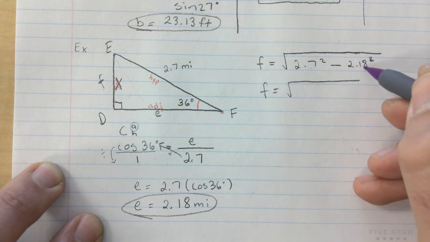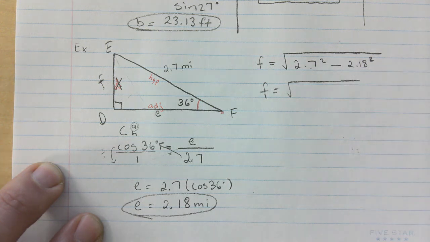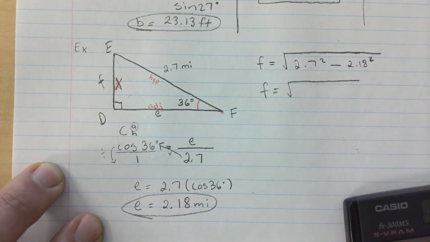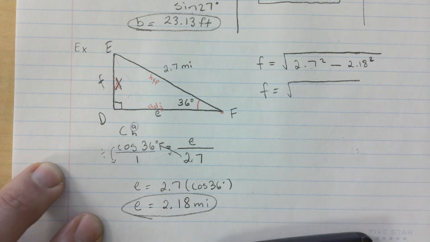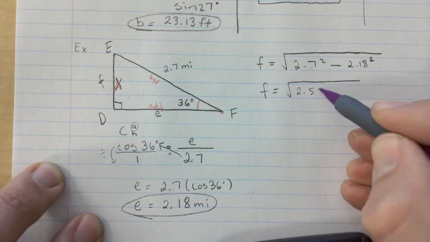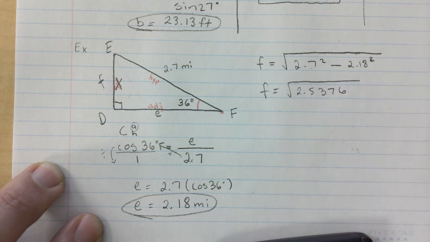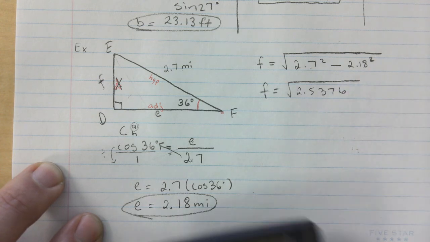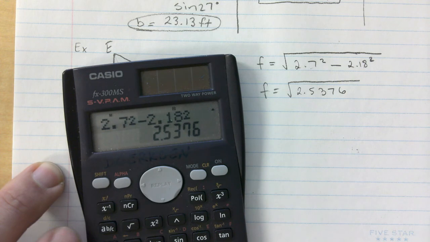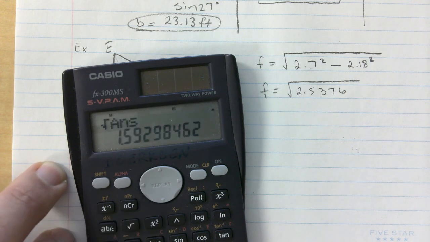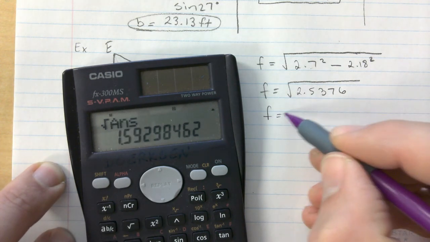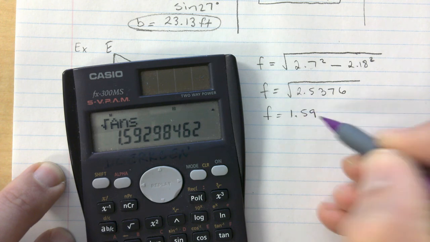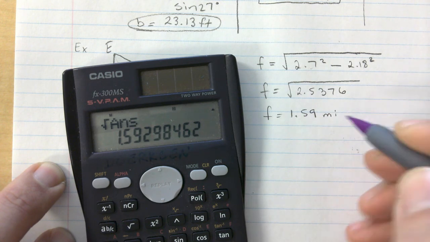So I first figure out what that is, and I use all the decimals. Then I press the square root button. So F is equal to 1.59 miles.